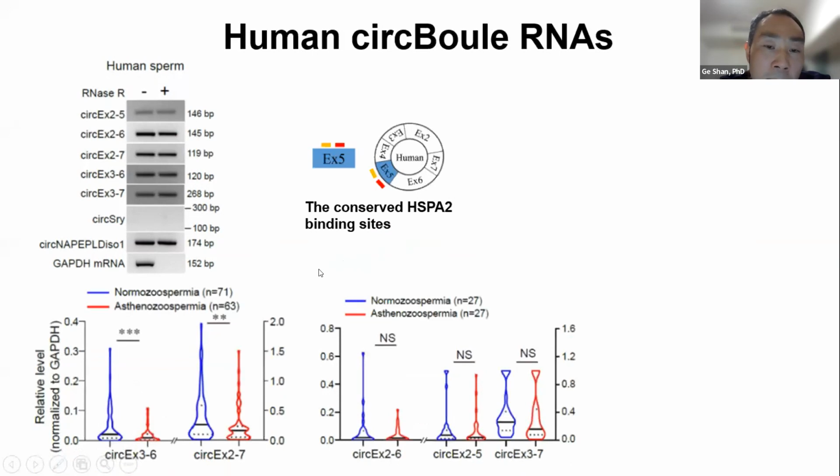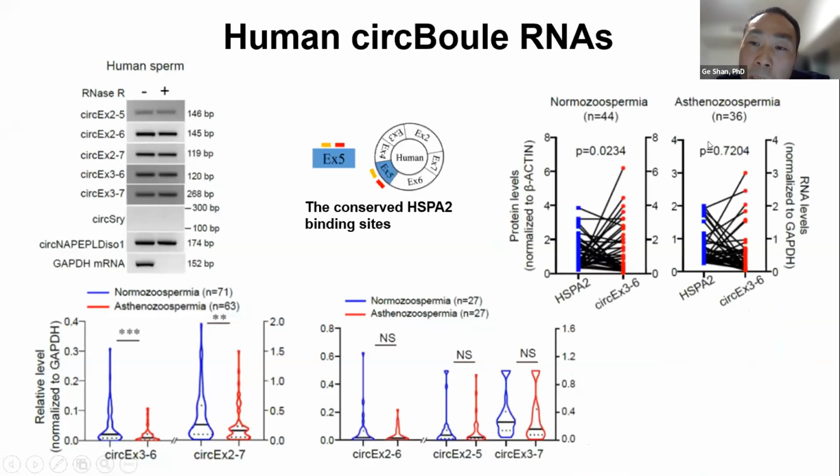In people with asthenospermia, which have weak sperm, we can see that the circBoule level decreased significantly compared to normal sperm.